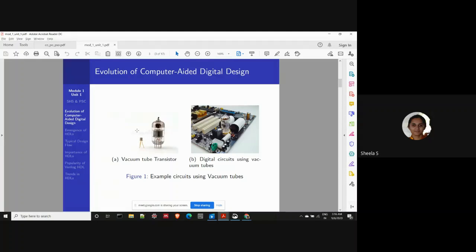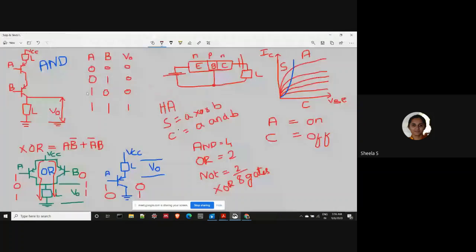Similarly, if I want to consider full adder, what happens? In that case, we know the expression: we will be having three inputs A, B as well as C in.